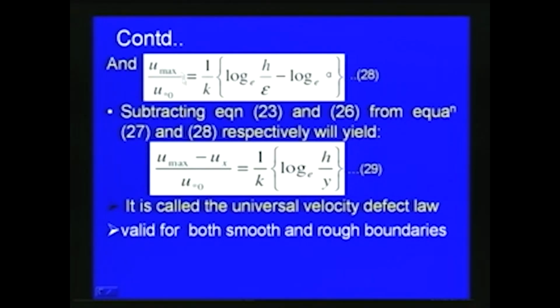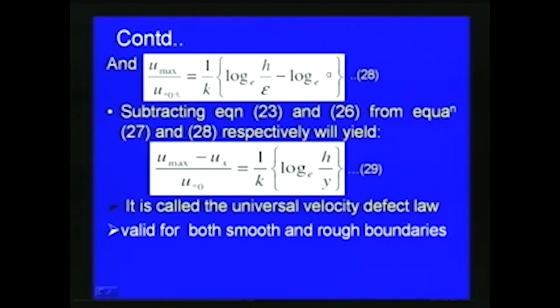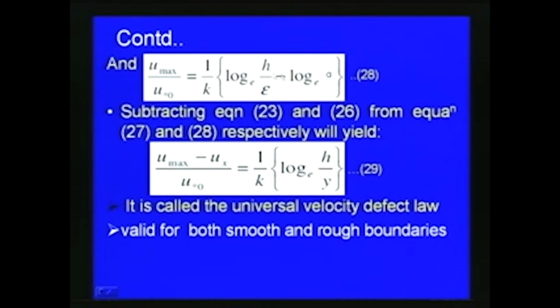And if you consider the velocity to be maximum at y equal to h, then u max by u*_0 is equal to 1 by kappa log e (h by epsilon) minus log e alpha, as in equation number 28.